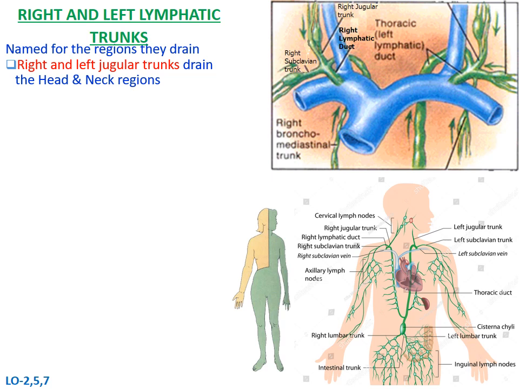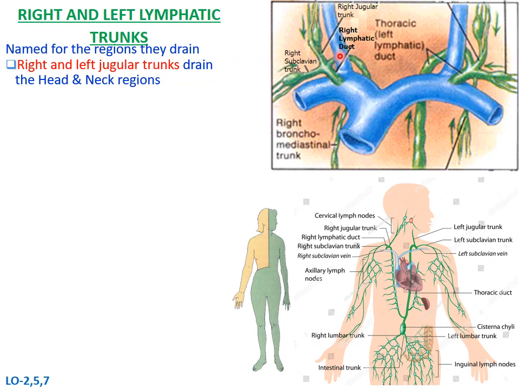Whenever trunks are mentioned, it means one trunk coming from one region: upper limb, lower limb, head and neck, thorax, abdomen, pelvis, perineum. Those are the regions. For each region, we have different trunks. One region may contain two major trunks. So, right and left jugular trunk.